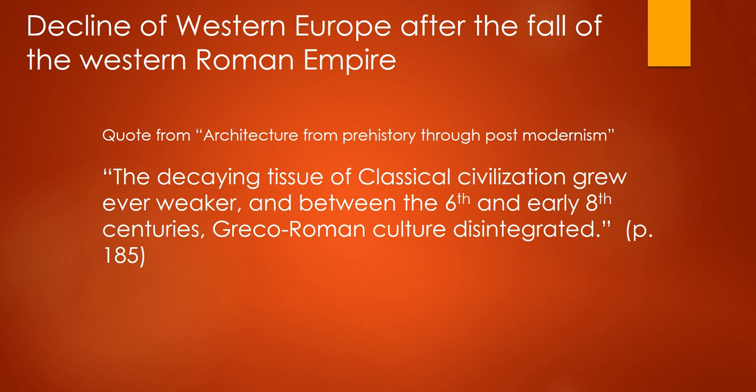If you remember, we looked at a slide last time, and we'll look at it again as part of this presentation, that sometime around 400 AD, the Roman Empire was split into the Eastern and Western Roman Empire. 76 years later, the Western Roman Empire falls.